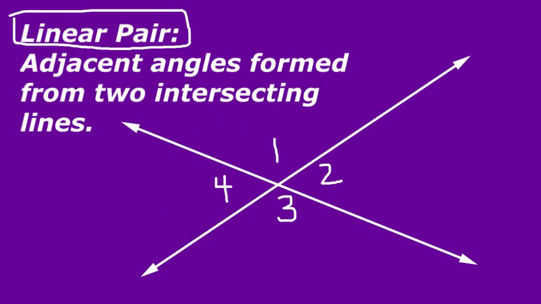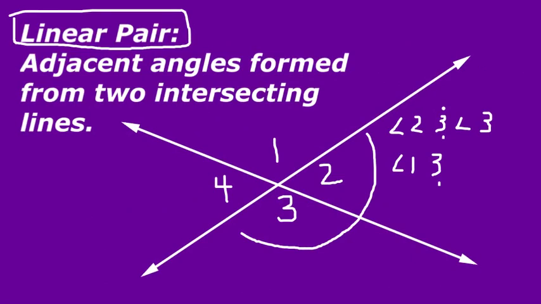So an example of linear pair, angle 2 and angle 3. If I were to add these two together, angle 3 is an obtuse angle, angle 2 is here. Notice it's going to make a 180 degree, a straight angle. Another one we'll do is angle 1, angle 2.